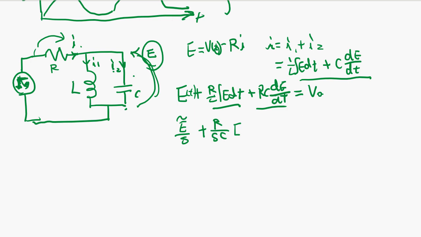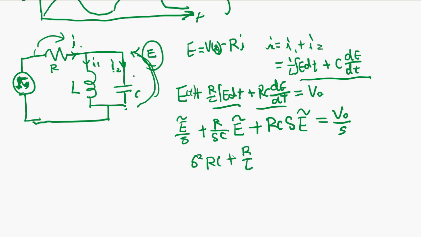V0 over S, right? And you put together, you multiply S on both sides and put together RC plus R over L. Laplace transform V0.